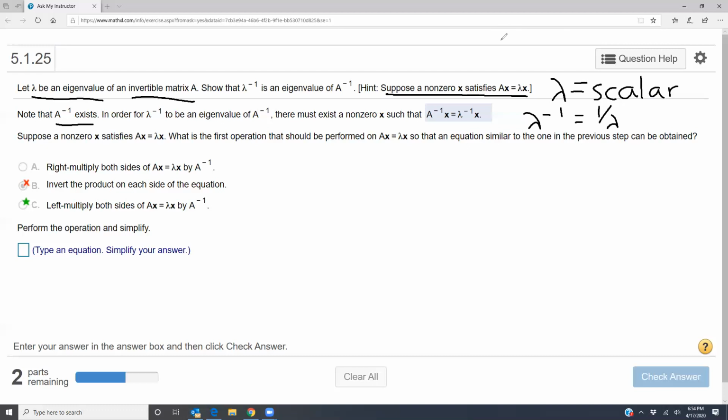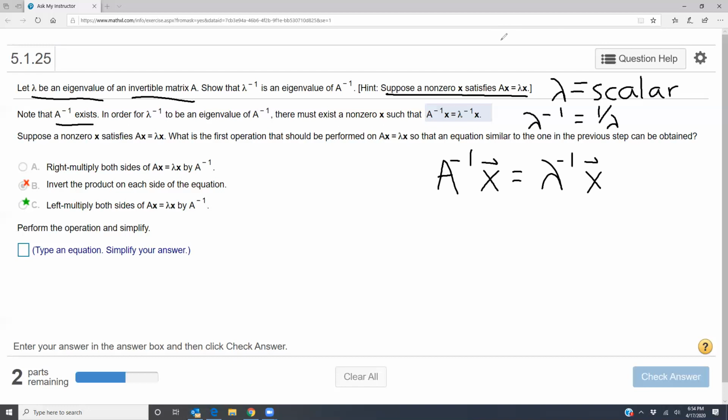Now that is just the definition of an eigenvalue. If lambda to the negative 1 is an eigenvalue of A inverse, then A inverse times some non-zero vector x has to equal lambda to the negative 1 times that same non-zero vector x.